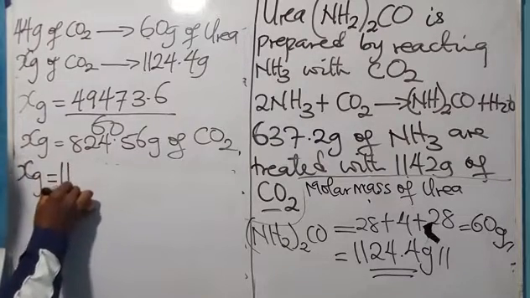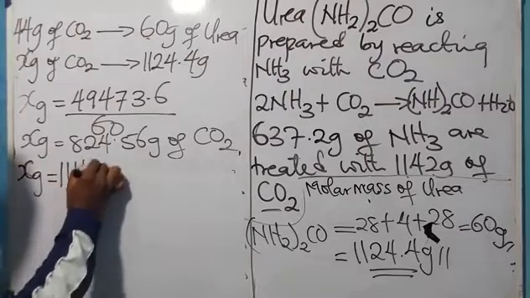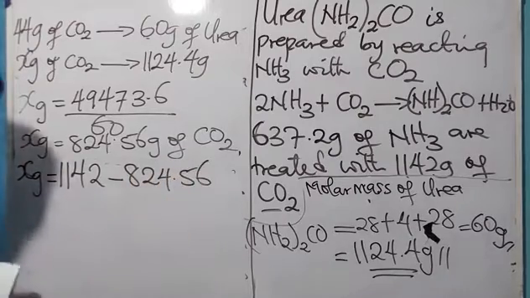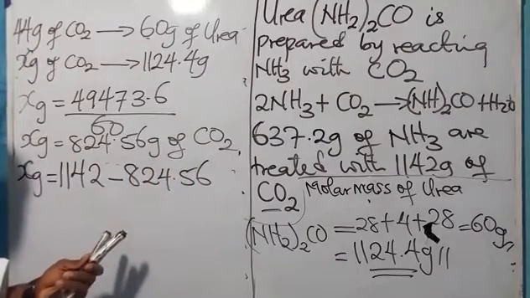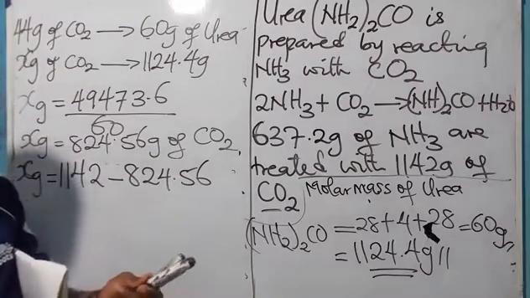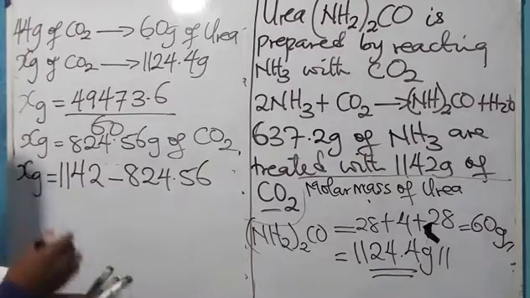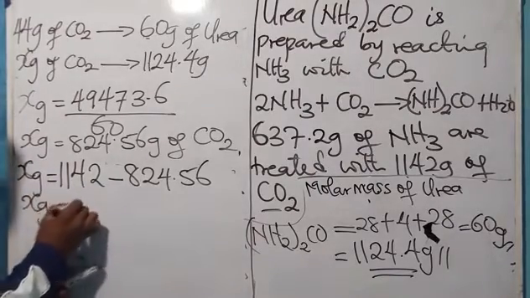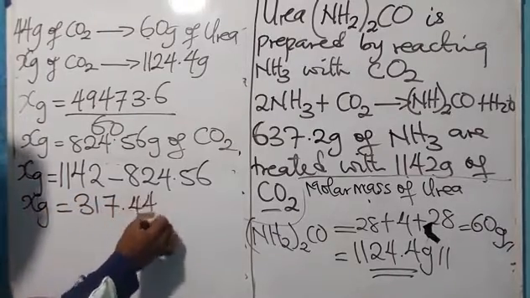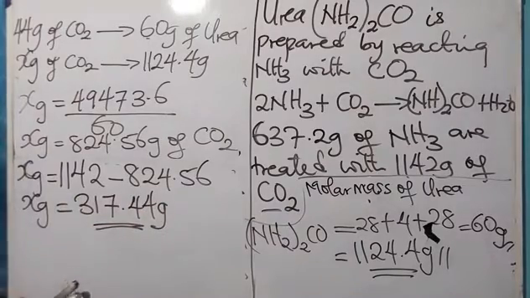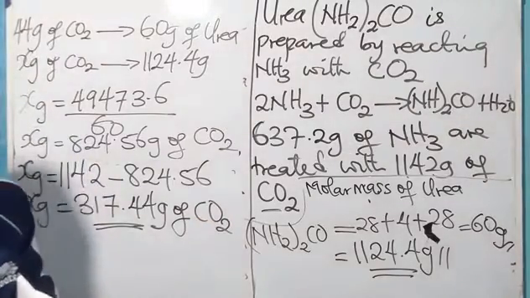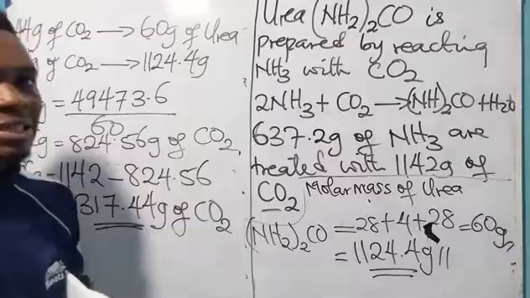So 1142 minus 824.56 equals, so S gram is equal to 317.44 grams. This is the final answer. Just follow it step by step. You will understand it better.